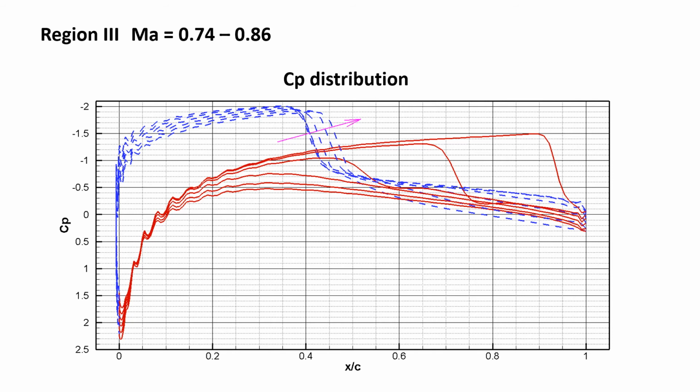So in total, there will be a compensation effect from the blue part. As a whole, the total lift has a dramatic change, especially when the shock appears on the lower surface. Okay, so this explains why you have a dramatic drop in the lift coefficient.